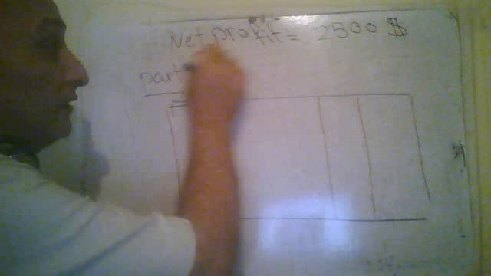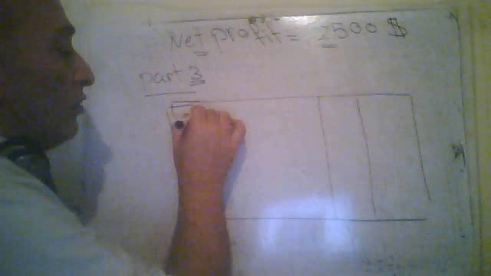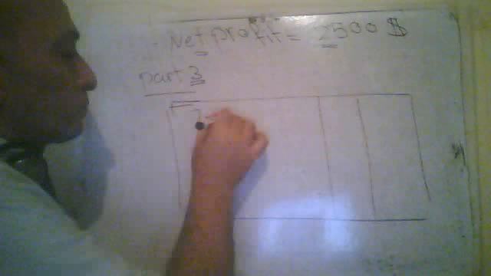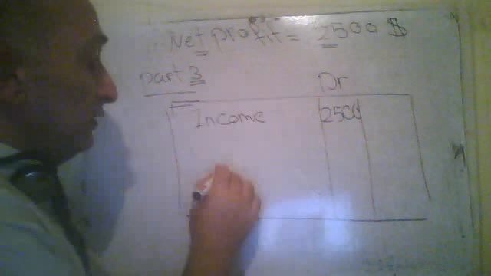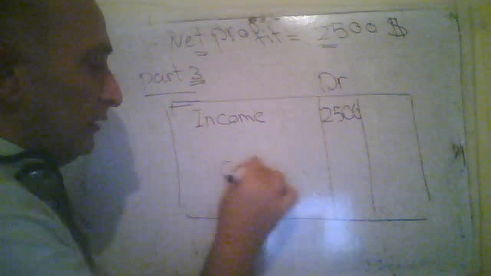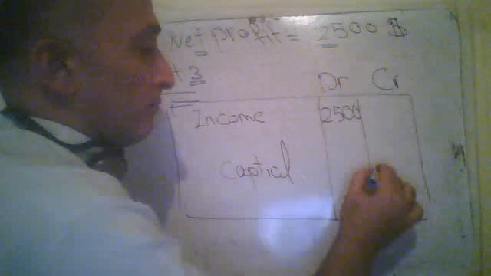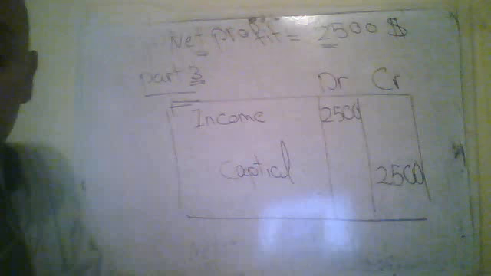Net profit 2,500. For income, debit by net profit only 2,500 to closing capital. Yes, capital credit by 2,500. Okay?